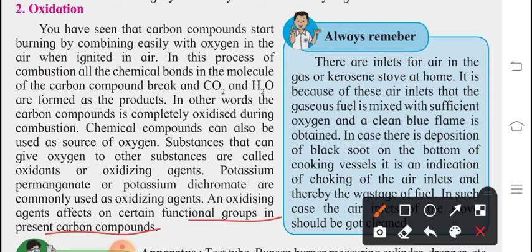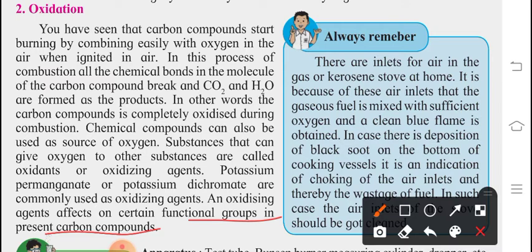So which are oxidizing agents? Potassium permanganate or potassium dichromate. These we can use as oxidizing agents. And what are oxidizing agents? The substances that can give oxygen to other substances are called oxidants or oxidizing agents.